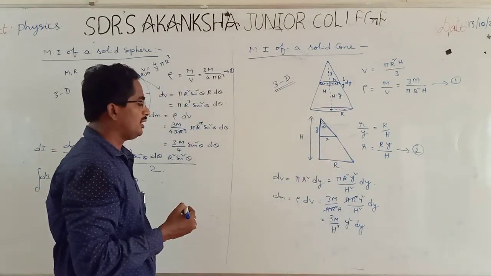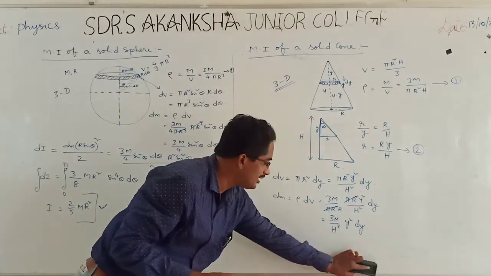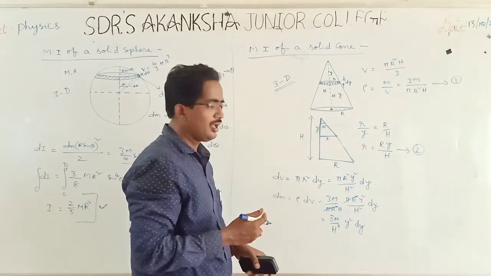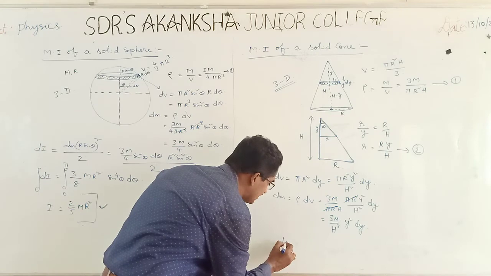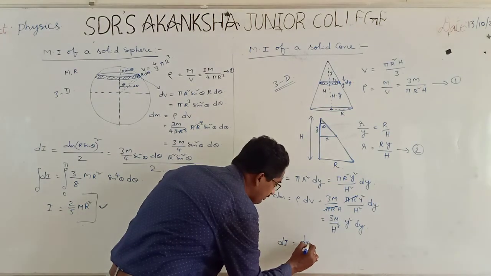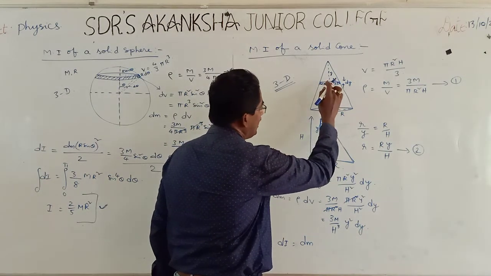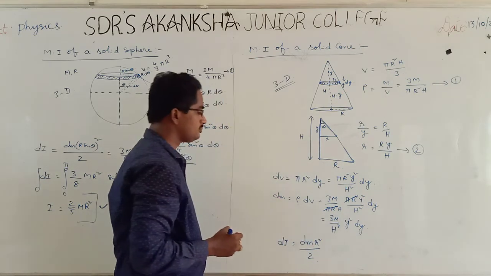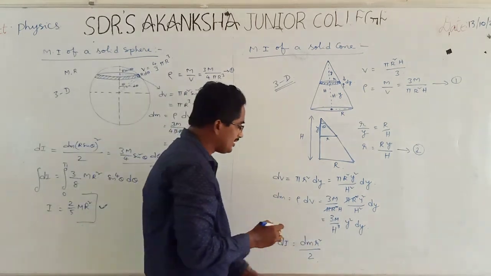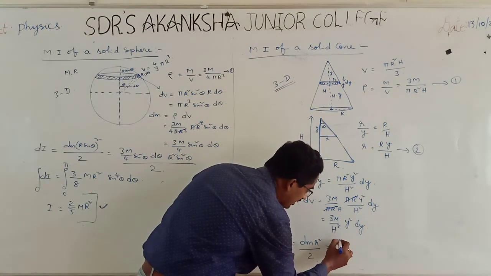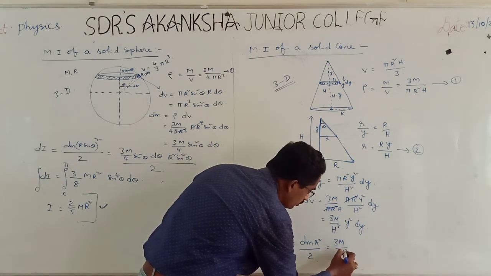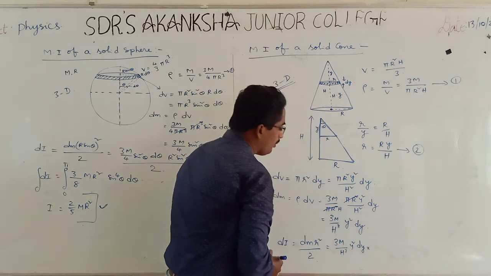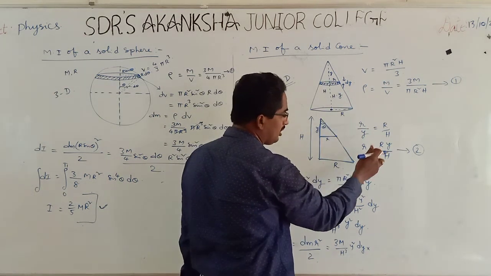After getting this mass, I want to get the moment of inertia of this. How do we get the moment of inertia? That is dI, whose value is dm into its radius square by 2. What is the mass applied there? 3m by h cube into y square into dy into r square. What is the radius of this one? R value.